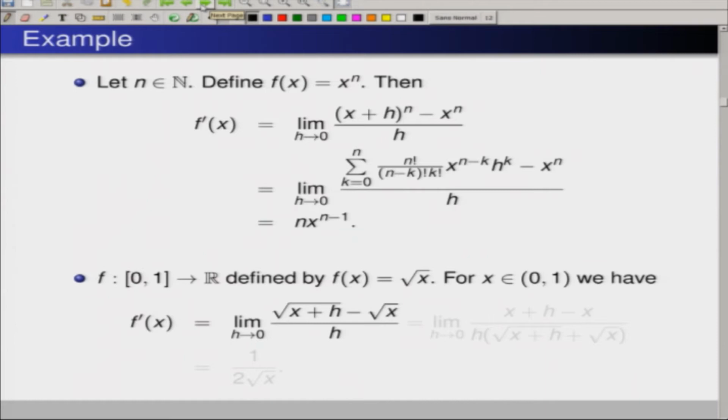Now, let us define f of x equal to square root of x. Obviously, this function can only be defined if x is greater than or equal to 0. Here we had taken f on the closed interval 0 to 1, so this function is well defined.